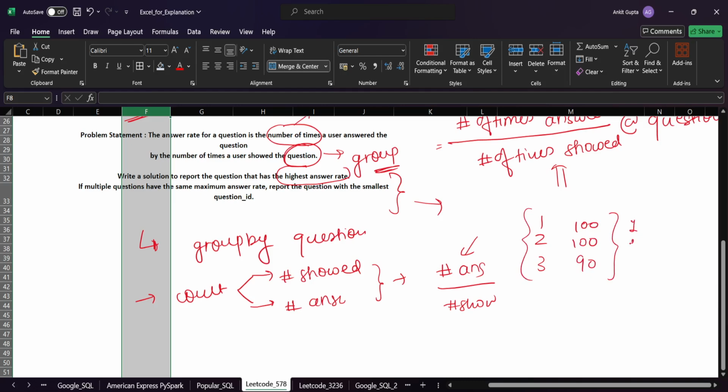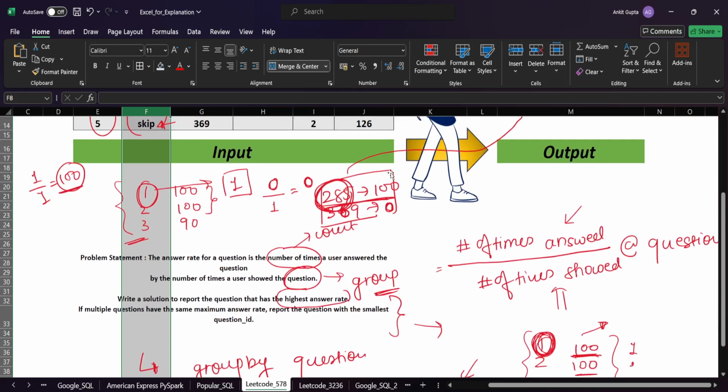So here, what would be the dense rank? For this one, and then again we have the same. So we can generate the dense rank and take the question with the smallest ID. So let's jump to DBeaver and write the code for this one.